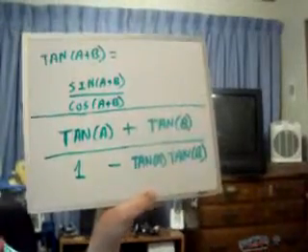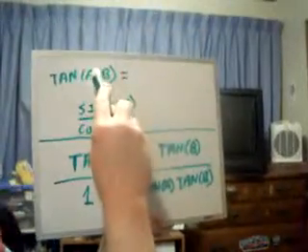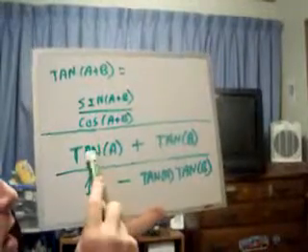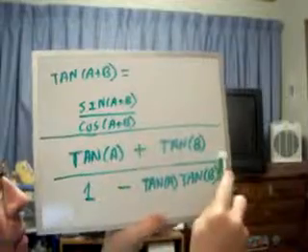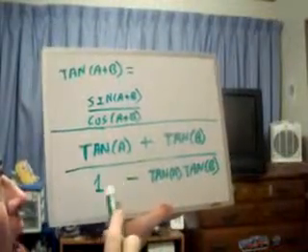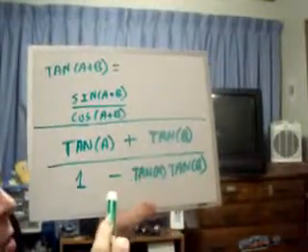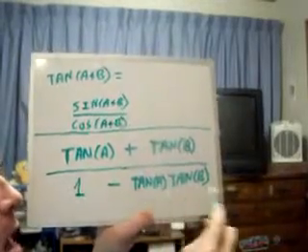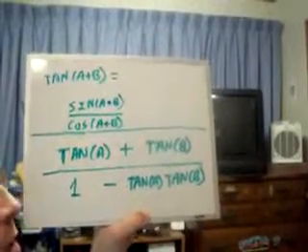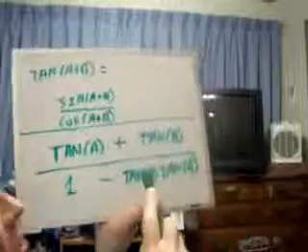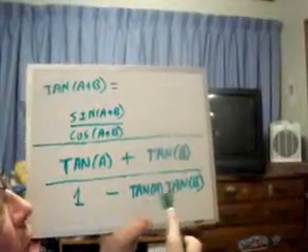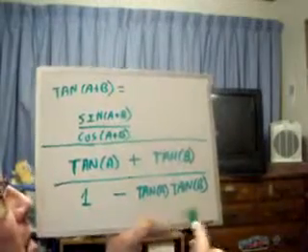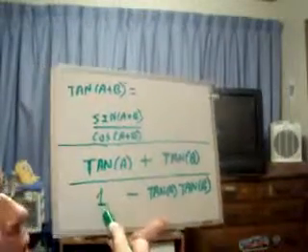So what they're saying here is that the tangent of A plus B is actually the tangent of A plus the tangent of B, and that number is then divided by 1 minus. Now, you can't subtract this until you multiply it out. First of all, you have to find the tangent of A. Then you find the tangent of B. Then you multiply those two numbers together. And then you subtract that final result from 1.